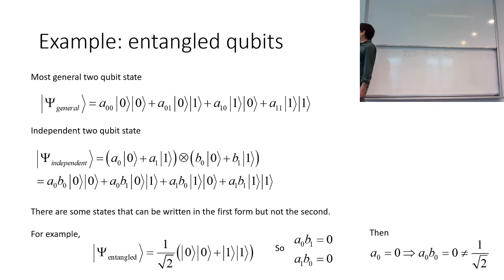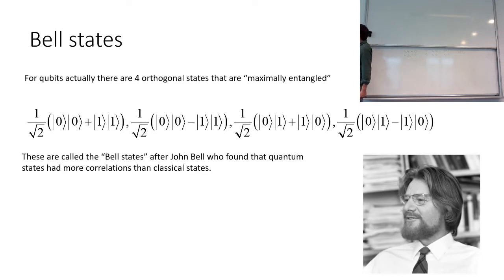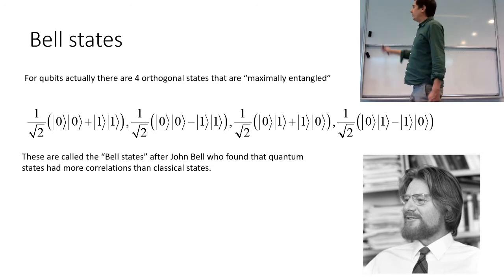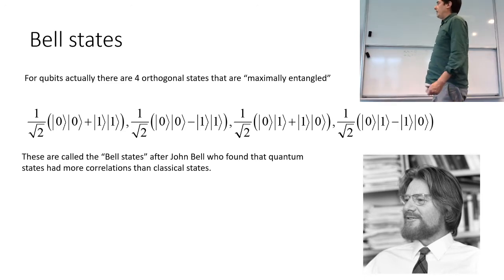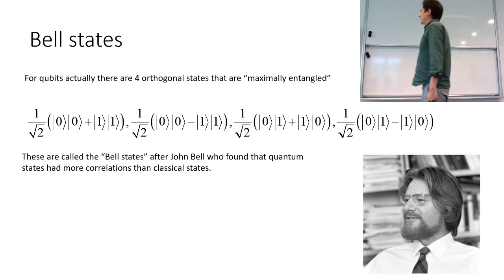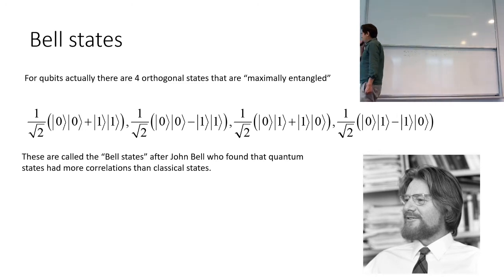By those measures, an independent state like this would have 0 entanglement, and this one has the maximum amount of entanglement. So often people will talk about these Bell states because they're the extreme examples of entangled states. You can also have partially entangled states, if you have some different coefficients. These are actually all orthogonal to each other.